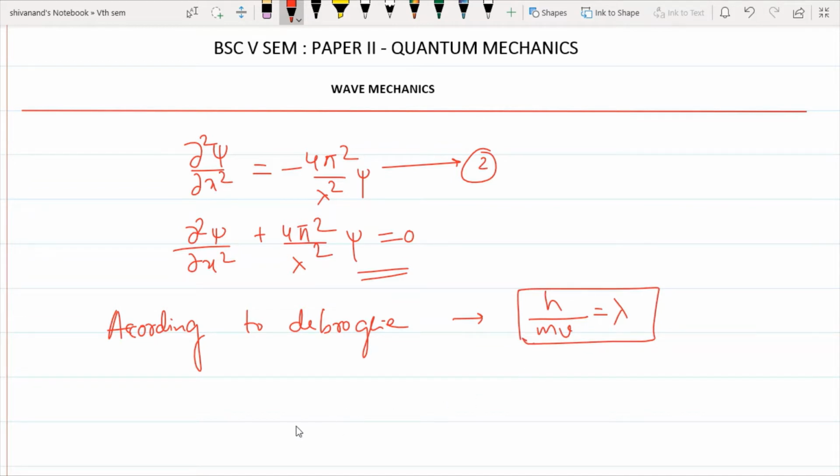From this we can substitute the lambda value in the above equation, so that the second equation becomes ∂²ψ/∂x² + (4π² m² v²/h²)ψ = 0.